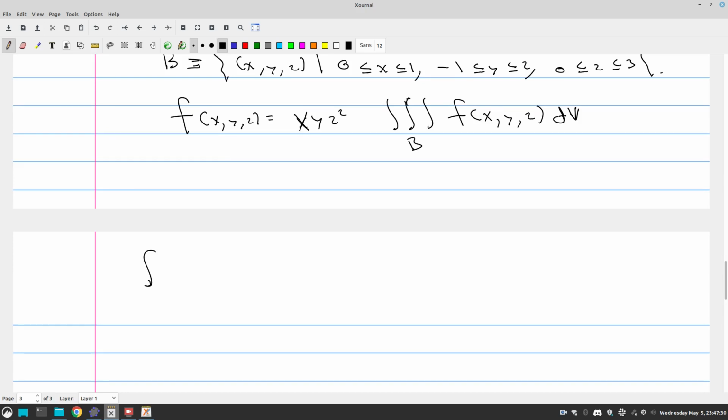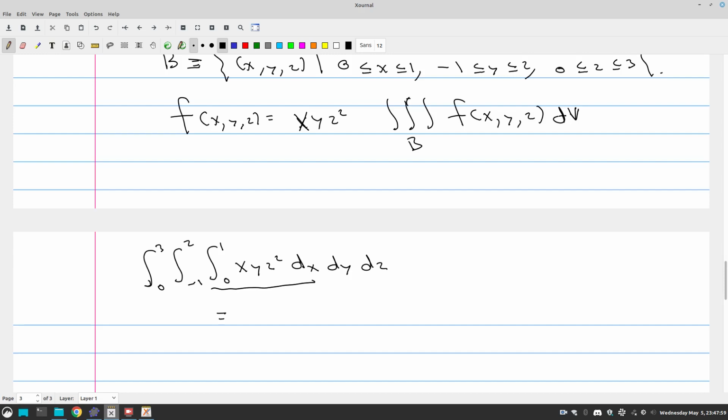So z of course goes from 0 to 3, y goes from -1 to 2, and x goes from 0 to 1. So xyz squared dx dy dz. Let's do the x integration first.